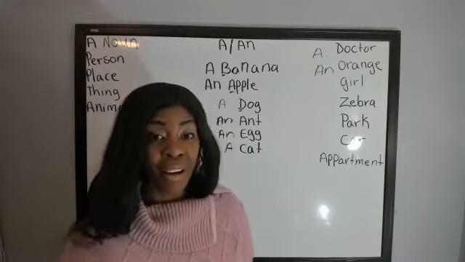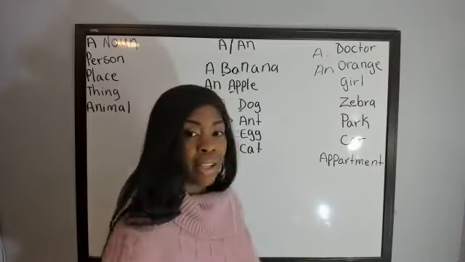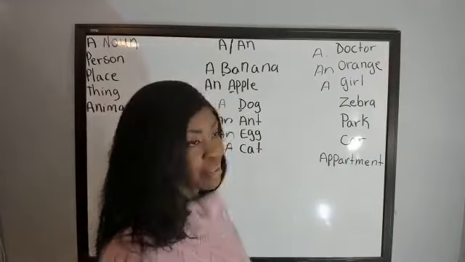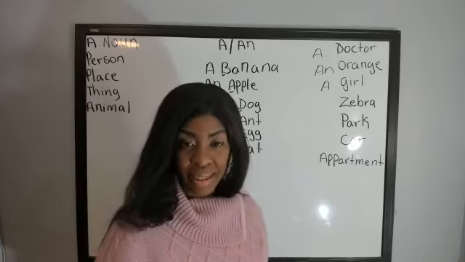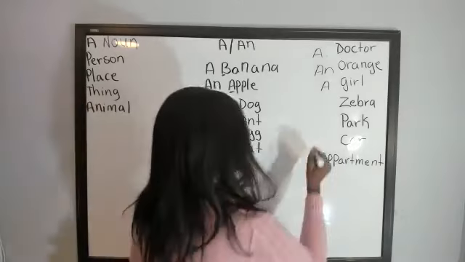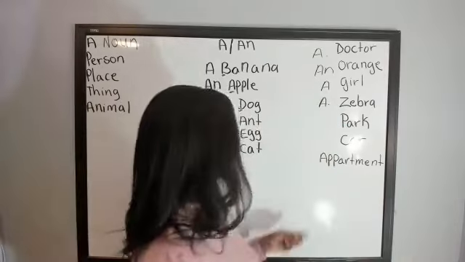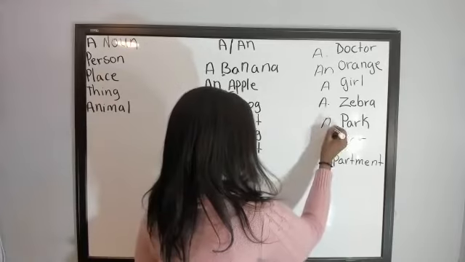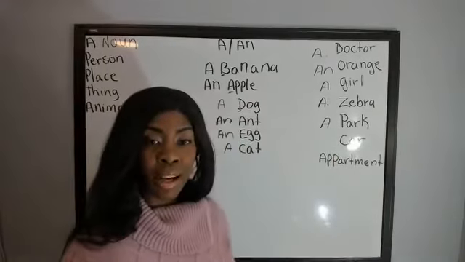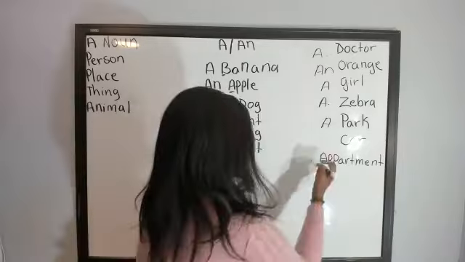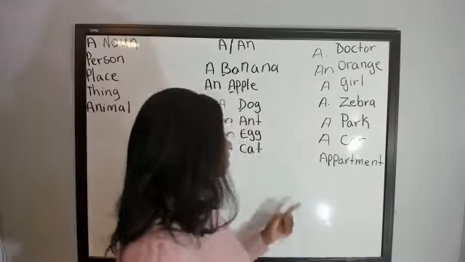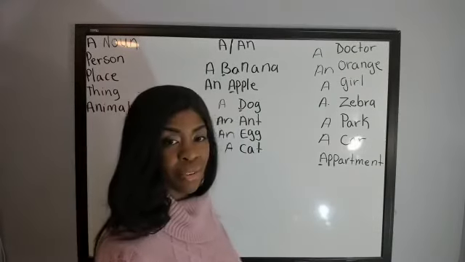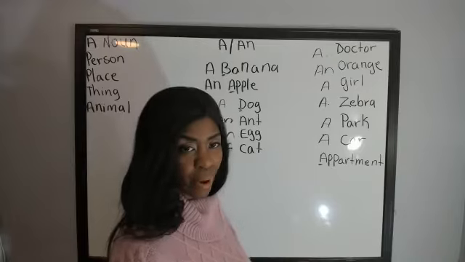I have to say a girl because the first letter is a consonant. Over here, zebra, the letter Z is a consonant, so I have to say a zebra. Then we have park, that's a place. A park. A car. Over here we have a vowel, the vowel A, so I have to say an apartment.